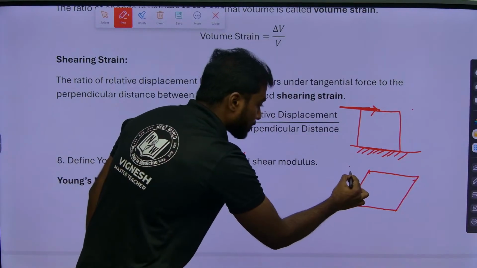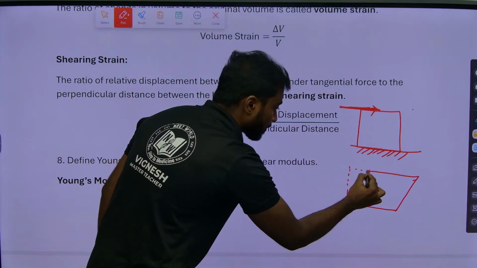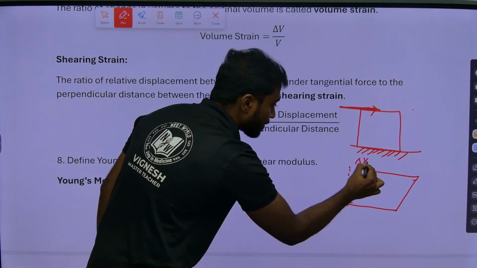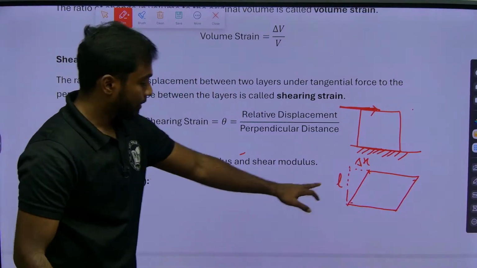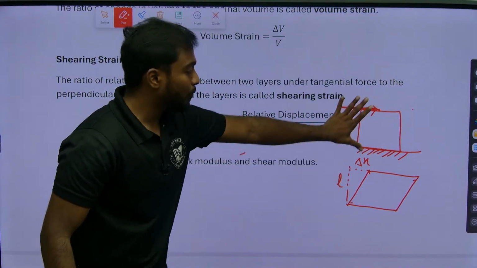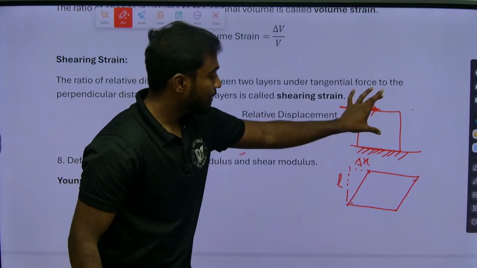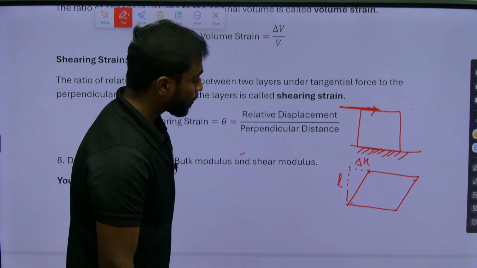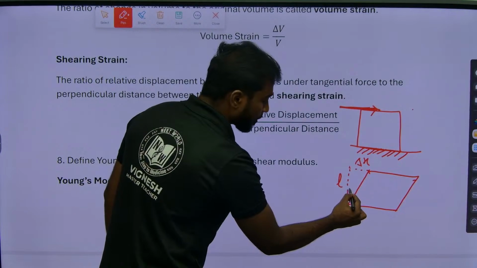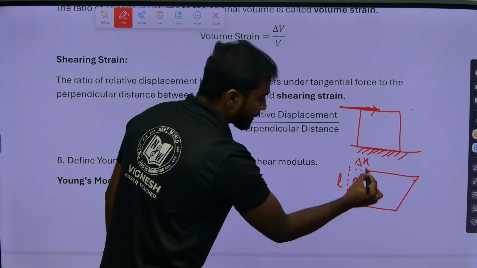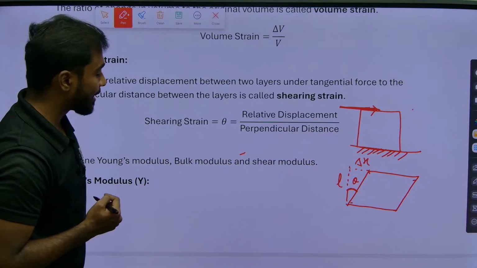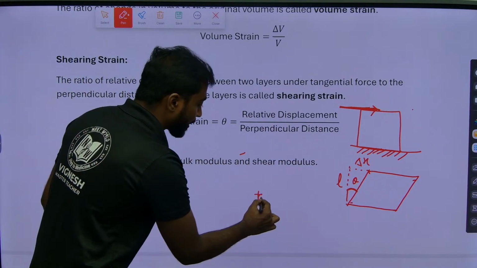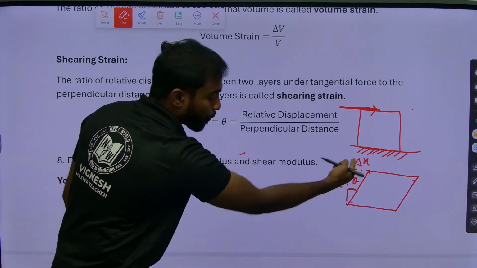So this is my change in length and this was my original length, right? Let me take a square, the side of the square as length L. Now I can observe that some angle has been made, theta. Can I take tan theta as opposite by adjacent?